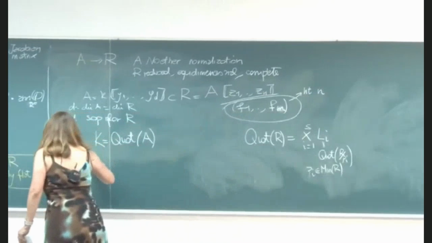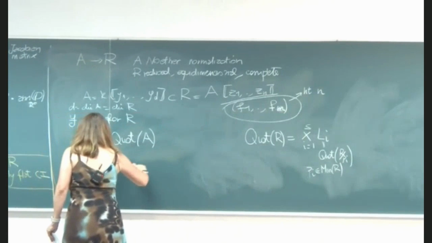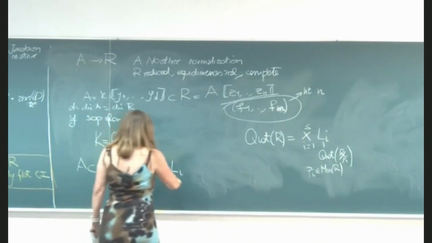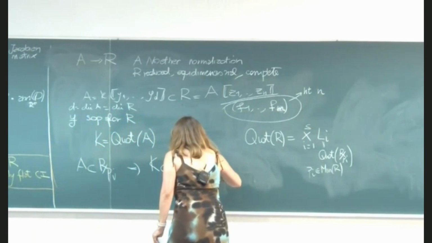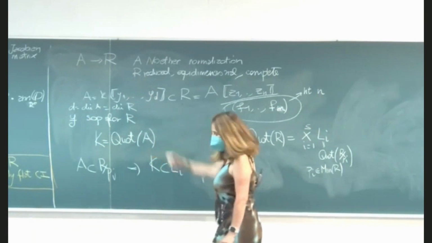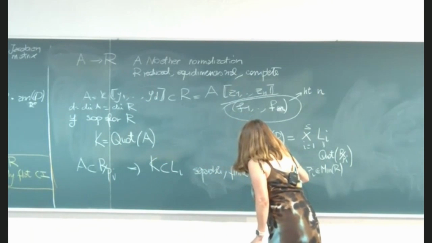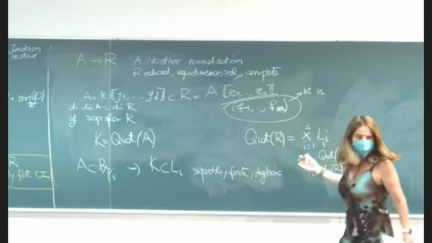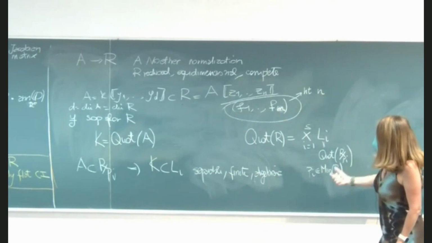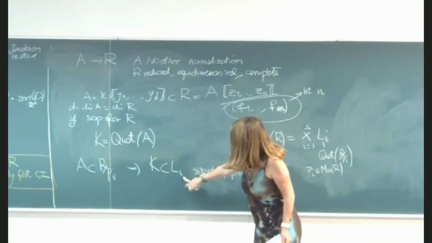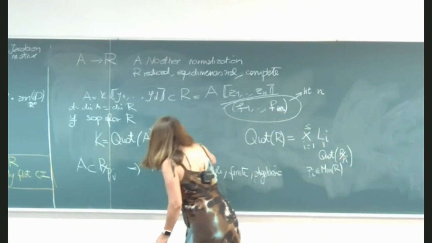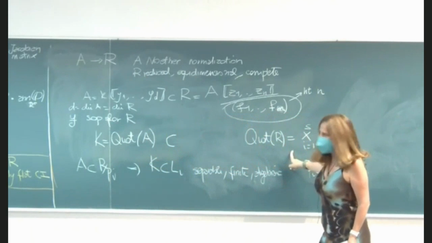So in particular, what you get immediately, because these have the same dimension and this is a Noether normalization, is that A is contained in each R over Pi, which implies K is contained in each Li. And furthermore, this is a separable finite algebraic extension, because R over A is finite. They have the same dimension, so it's even algebraic. It's a beautiful extension.